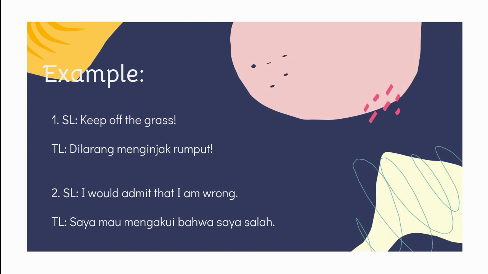The second example, I would admit that I am wrong. The target language is saya mau mengakui bahwa saya salah. Furthermore, communicative translation is a subjective translation because it tries to reach the target effect of certain action on the target language reader.